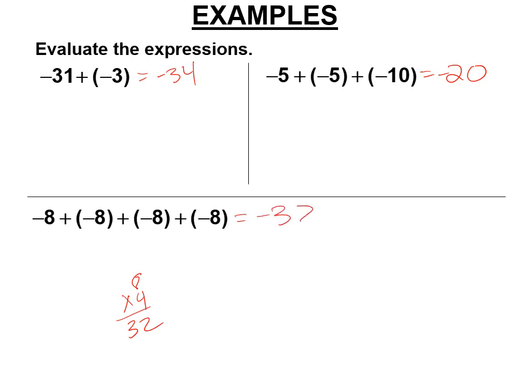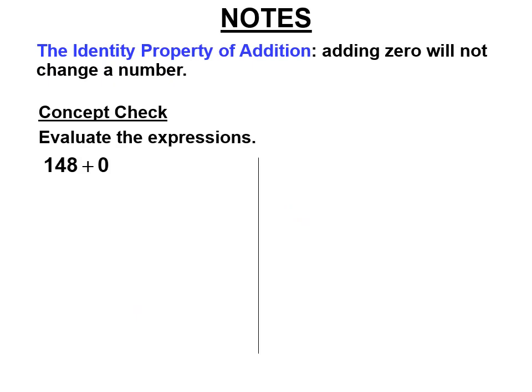So this is -32. All right, so the identity property of addition, I think I mentioned it in the last lesson. Adding 0 will not change a number. So 148 plus 0 is 148. 0 plus -17, -17. Oh, by the way, no parentheses on the answer. These parentheses are there because of the plus and minus next to each other.